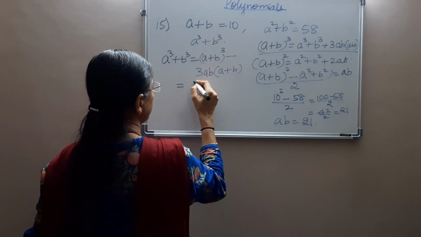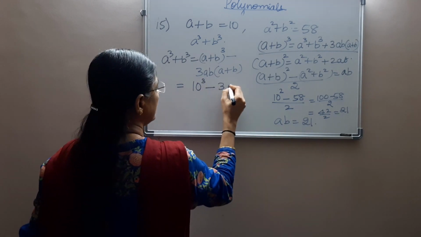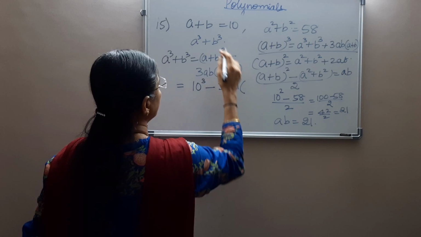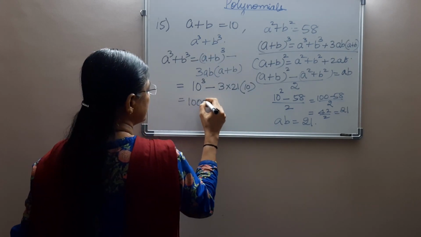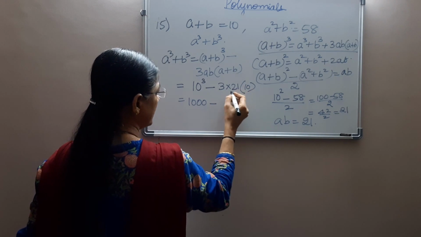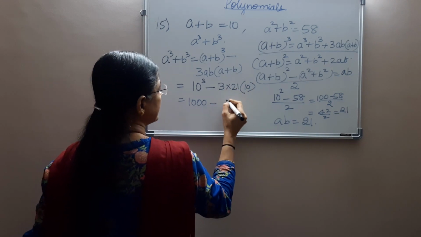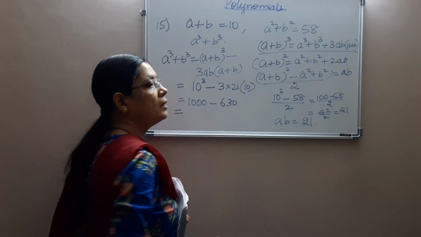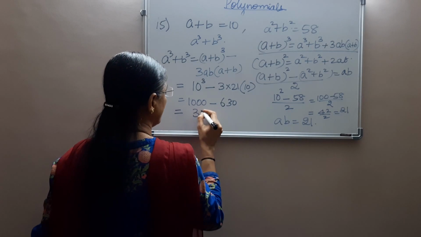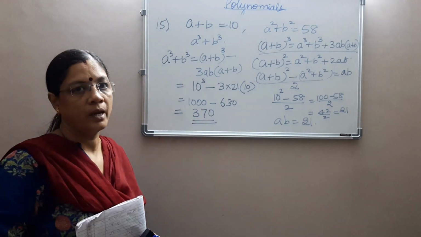What is a plus b? That is 10. So 10 cube minus 3 into 21 into 10. Now 10 cube is 1000 minus 3 into 21, which is 63. So 63 into 10 is 630. So 1000 minus 630 will give you 370. So this is your answer for a cube plus b cube.